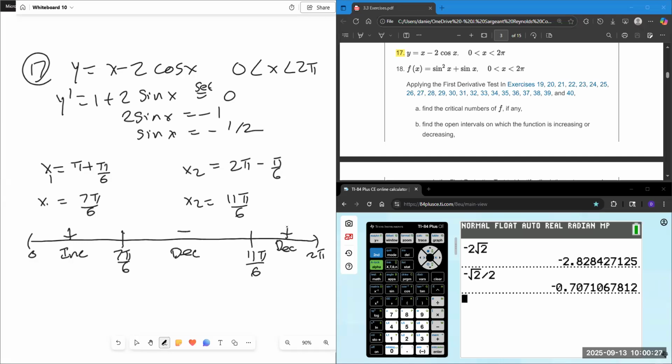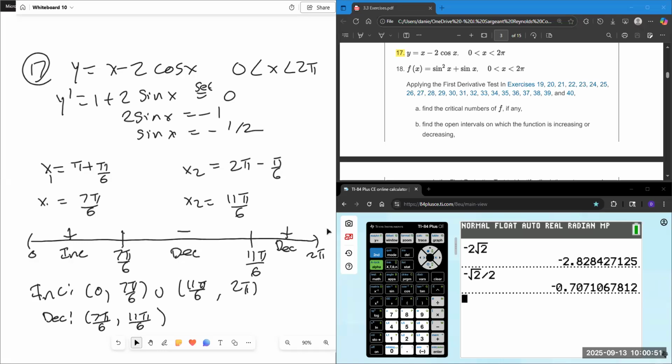So this is going to be a positive difference or a positive sum. All right, so increasing from 0 to 7 pi over 6, union 11 pi over 6 to 2 pi, and then decreasing on 7 pi over 6 to 11 pi over 6.